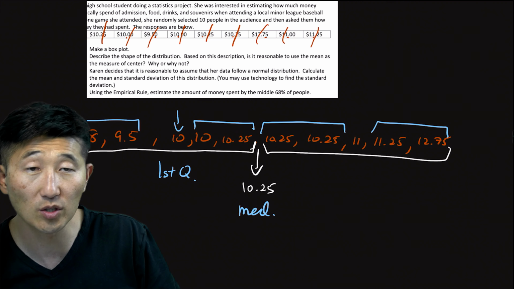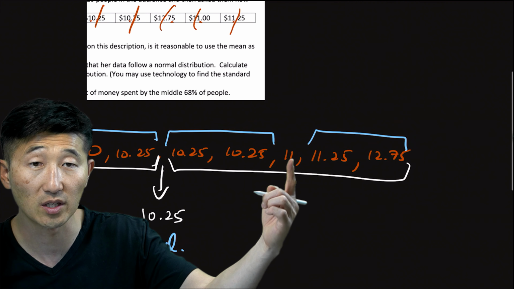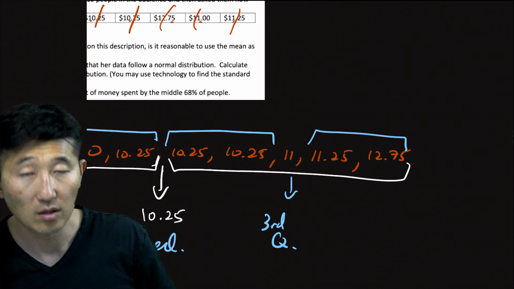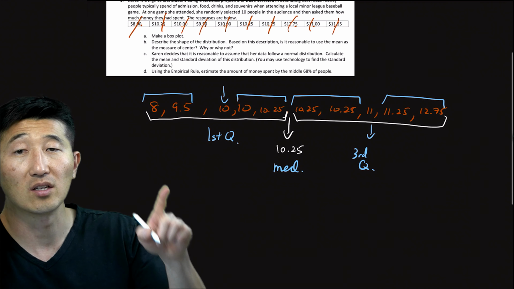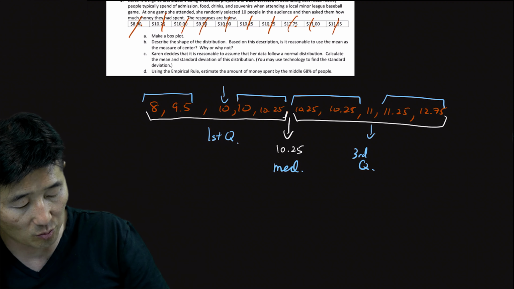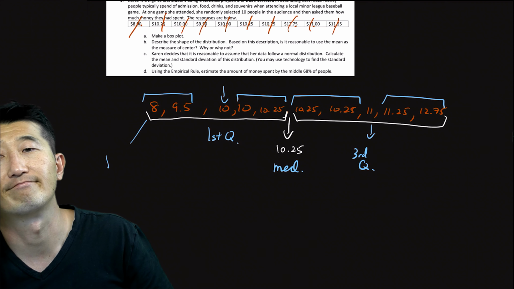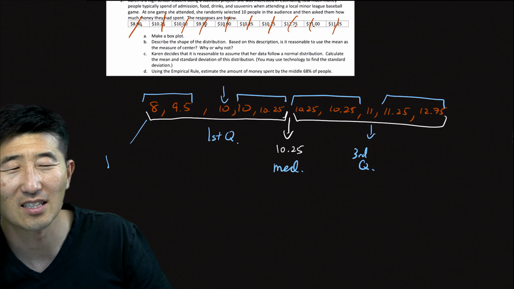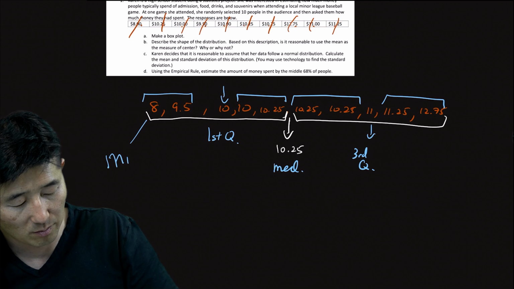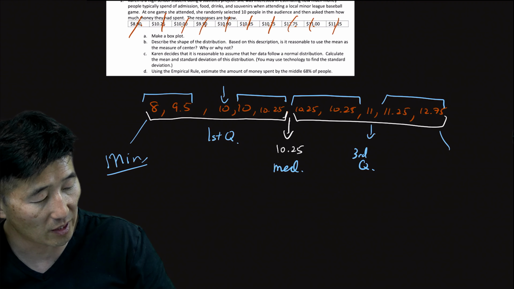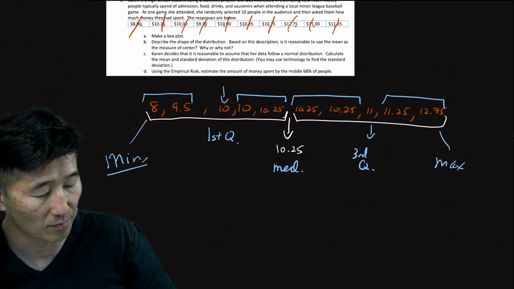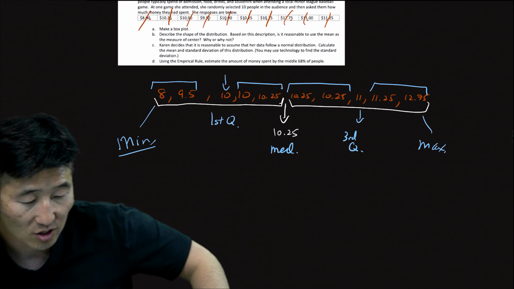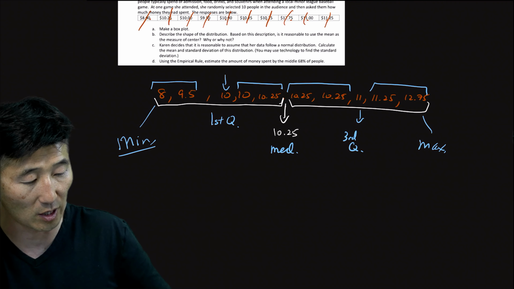There's 5 numbers, so obviously the third one, the middle guy right here, that's your third quartile. Now the number all the way at the left, that's your minimum. And the biggest number at the right is your maximum. And you just need these 5 statistics to draw a box plot.